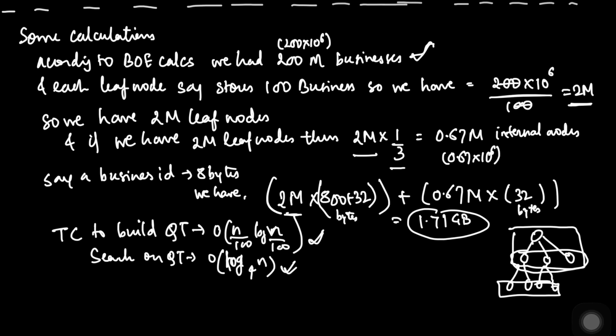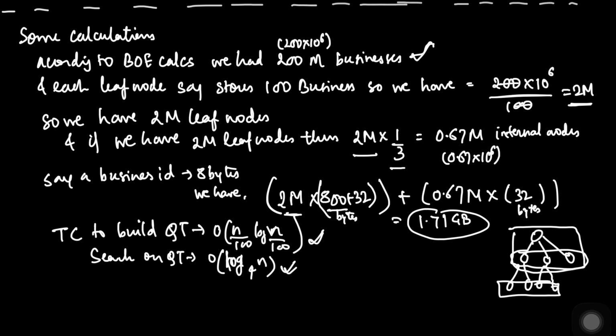So 8 into 100 would cost around 800 bytes, plus 32, which is some metadata for every business we would have. So 2 million into 832 bytes would be just for the leaf nodes, and we would have the internal nodes as well, right? So that would be 0.67 million internal nodes.